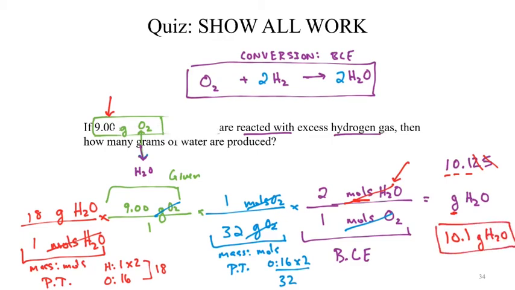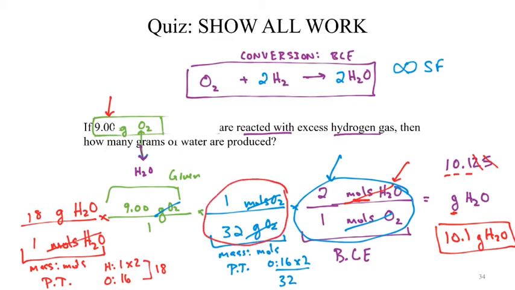Because you might have a question and say, well, aren't there sig figs in our individual conversion factors? Okay. Say from our balanced chemical equation, the balanced chemical equation has infinite sig figs. Okay, those are defined units for those. The molar mass conversions that are coming from your periodic table don't have infinite sig figs, and those could control your answer.